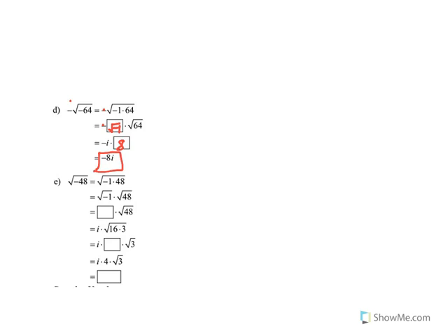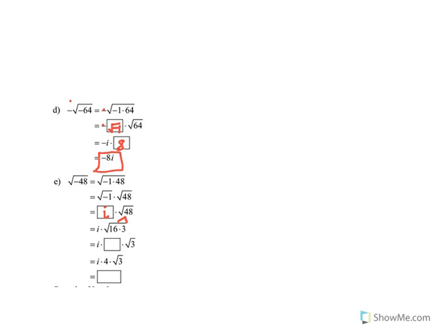And one last one here. I have the square root of -48, so I'm splitting it up into the negatives here. So the square root of -1 times the square root of 48. I know that the square root of -1 is i. But I also see that although 48 is not a perfect square number, 48 is divisible into 16 and 3, and 16 is a perfect square number.